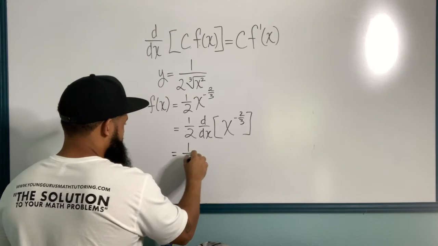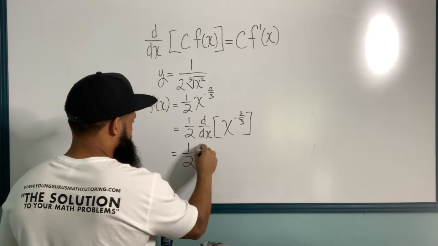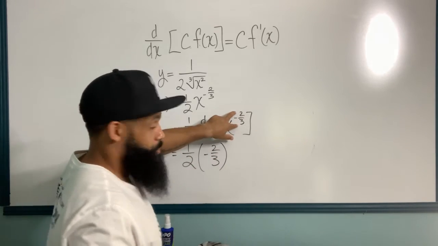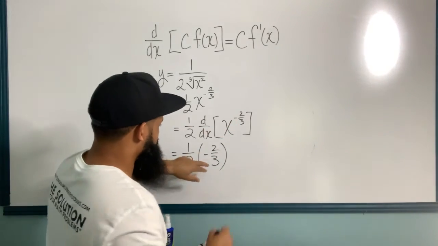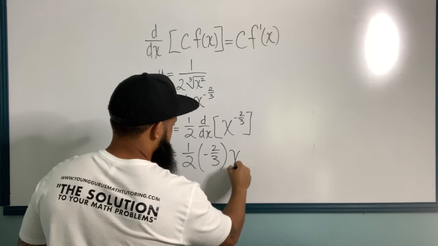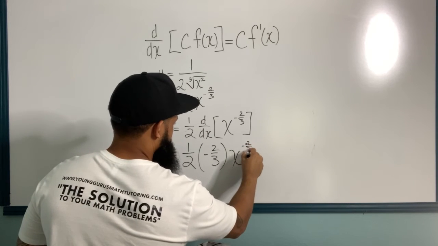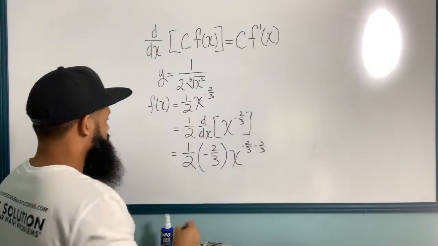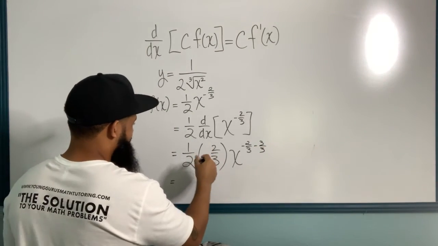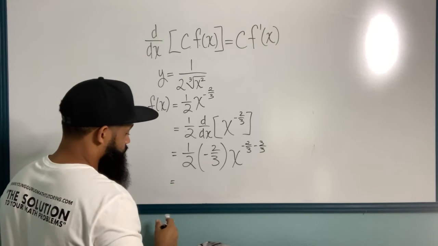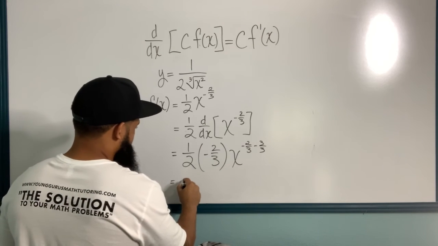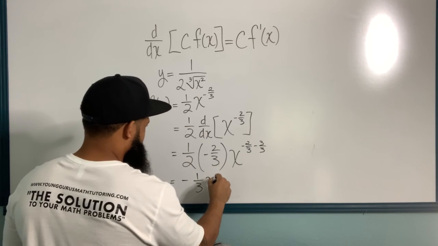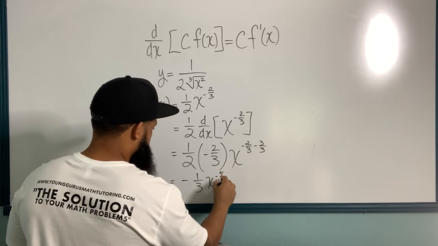We have 1/2 times, we take that negative 2/3, because based on the power rule, we got to take this negative 2/3 to the front, and then times x to the negative 2/3 minus 3/3. Remember that 3/3 represents the 1. All right, so now let's simplify. 1/2 times negative 2/3 is going to actually be negative 1/3. And then I have x to the negative 5/3 power.